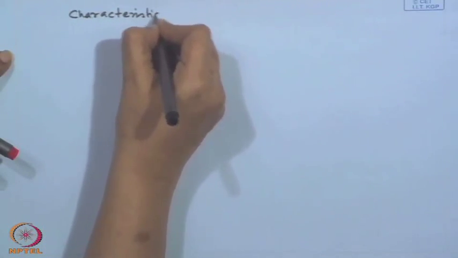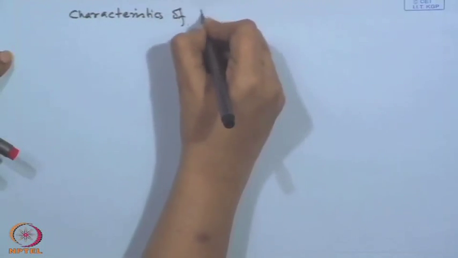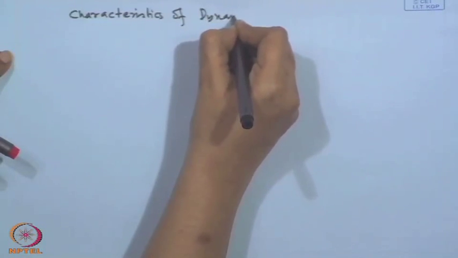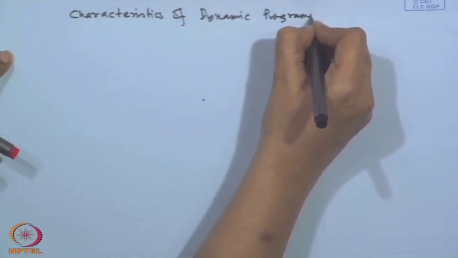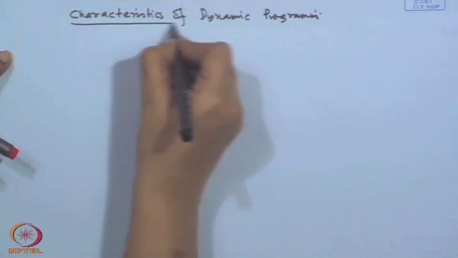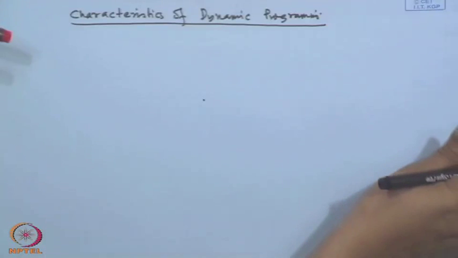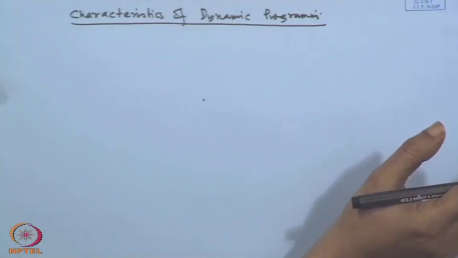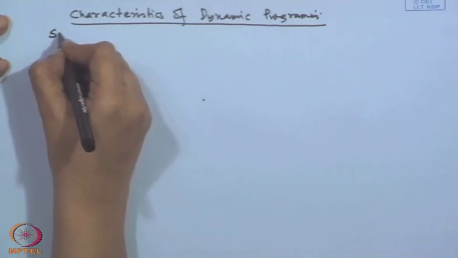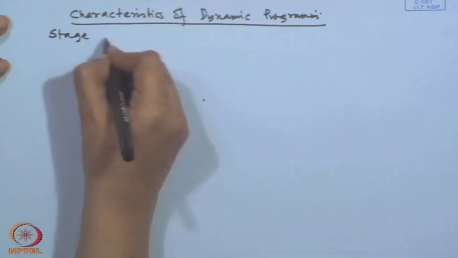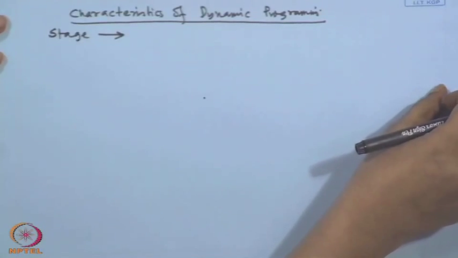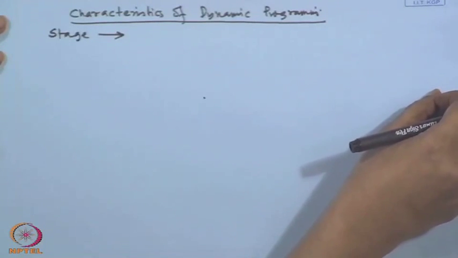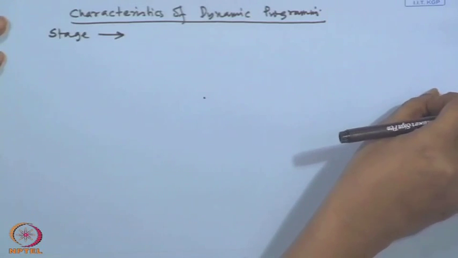The characteristics of dynamic programming. Since I have explained the problem, hopefully it is clear to all of you how we have considered the stages. For applying the dynamic programming technique, the first thing is that we have to consider the stage. We have to decompose the whole problem into smaller parts, called stages, and this is the essential feature of a dynamic programming problem.